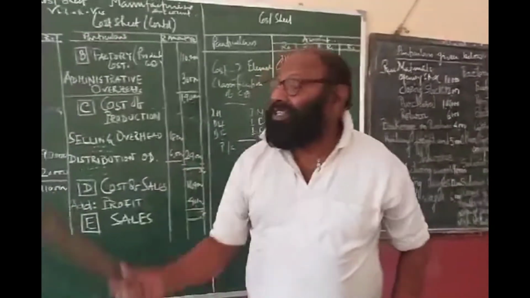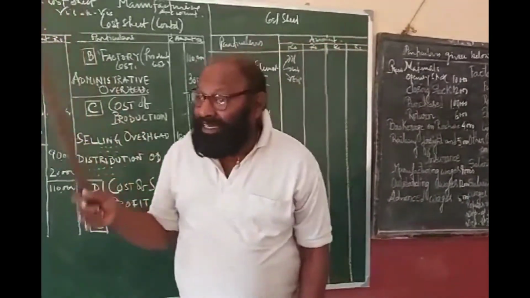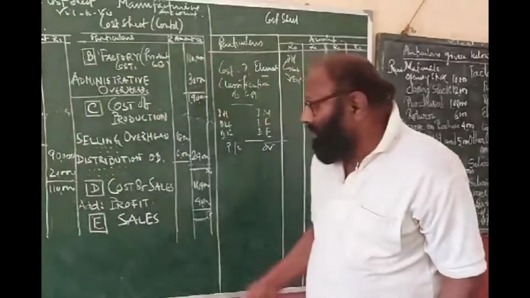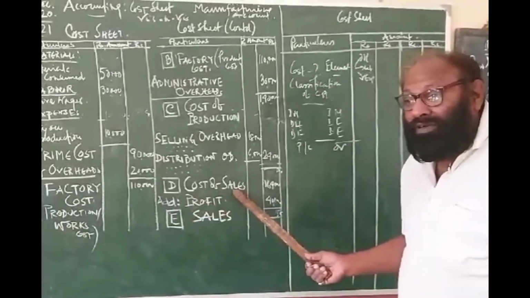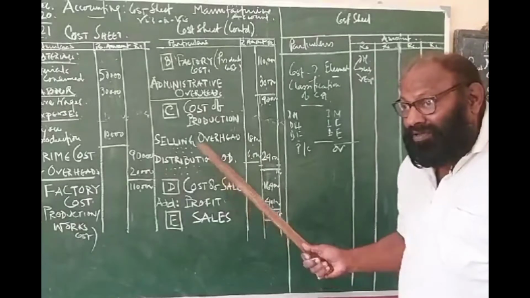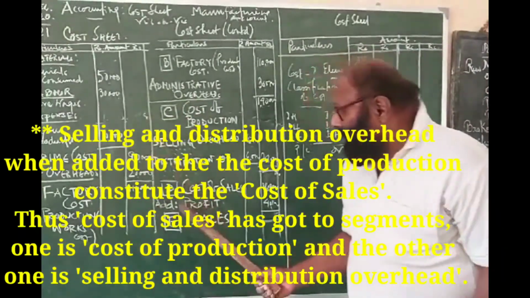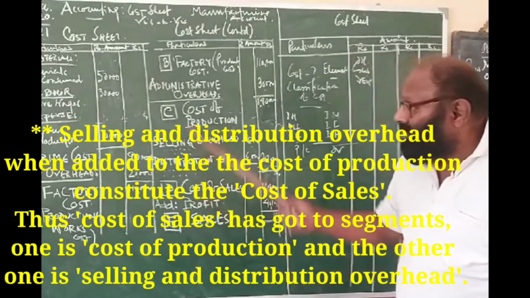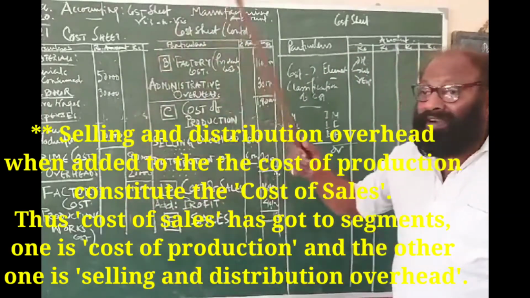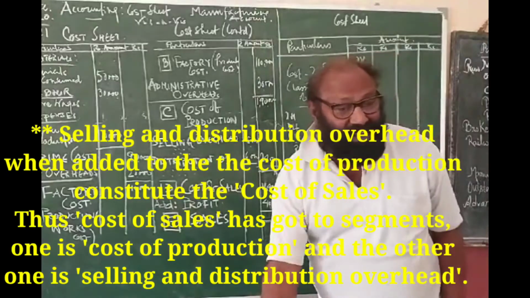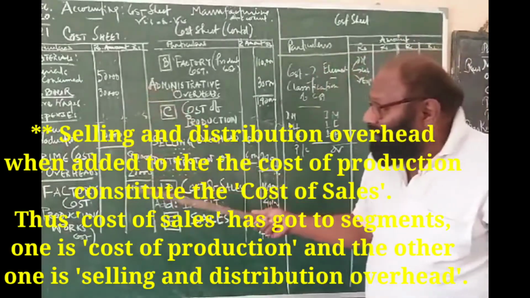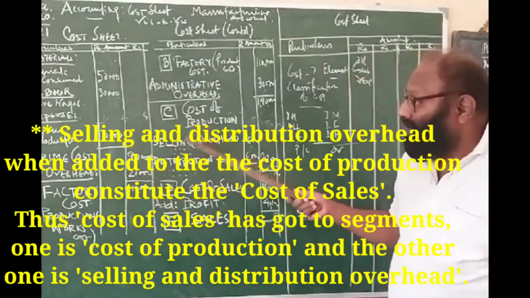Cost sheet gives us the ultimate information of the cost of the goods you have sold during a particular period of time. Now, this cost of sales has got different dimensions. Some are direct in nature, some are indirect in nature. Directs are known as prime cost and indirects are known as overhead.